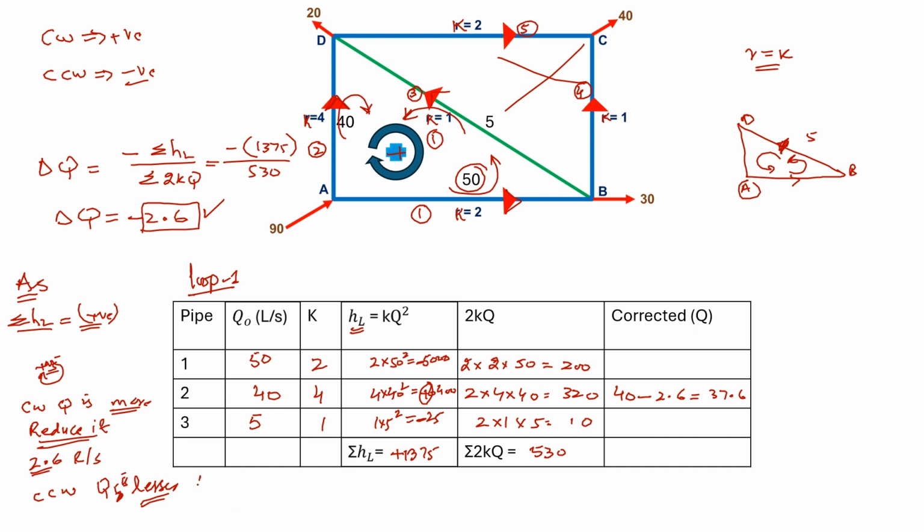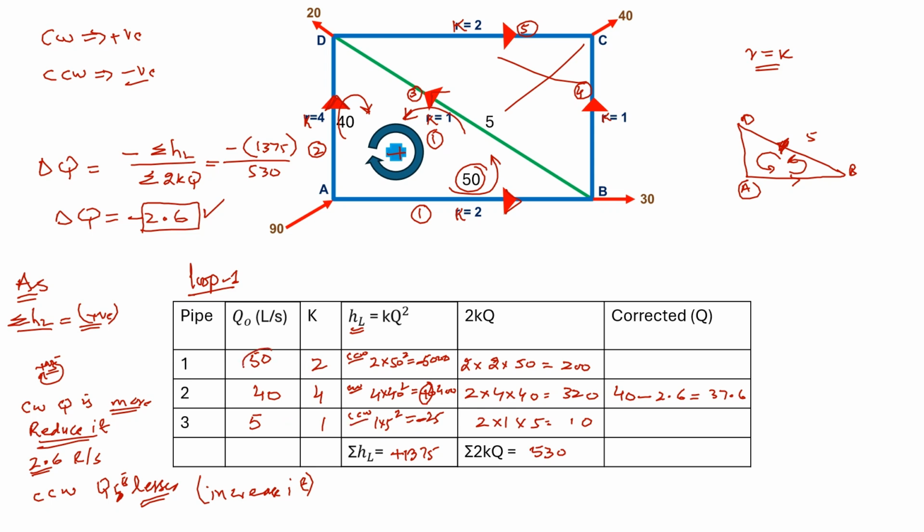So we have to increase it. All the counterclockwise discharges will be increased and all the clockwise discharges will be reduced. So we have this counterclockwise discharge, this is a clockwise discharge which is reduced, and this is also counterclockwise because here we can see the negative sign.